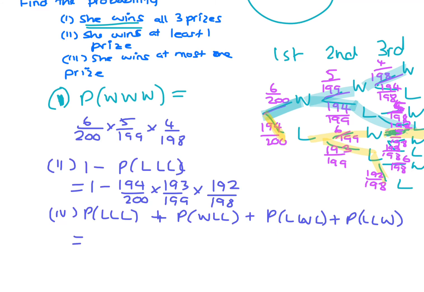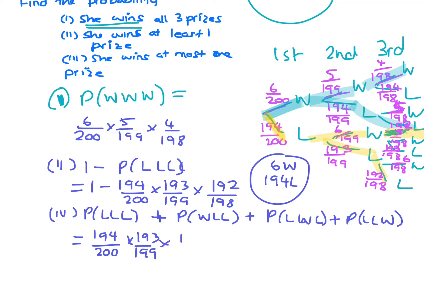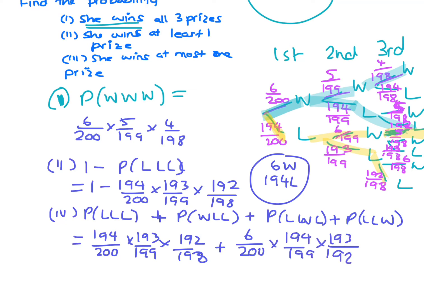Okay, so that would be, now there are 6 winning tickets and 194 losing tickets. So lose, lose, lose with 194 on 200, 193 on 199, 192 on 198, okay? Plus winning would be 6 on 200 times 194 on 199 times 193 on 198.